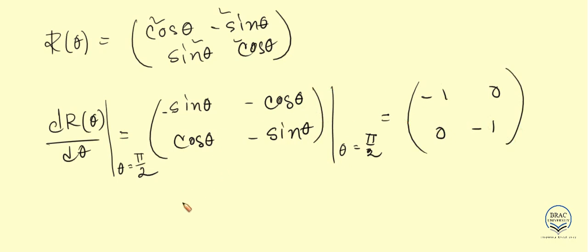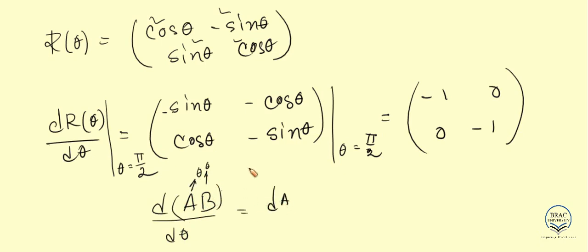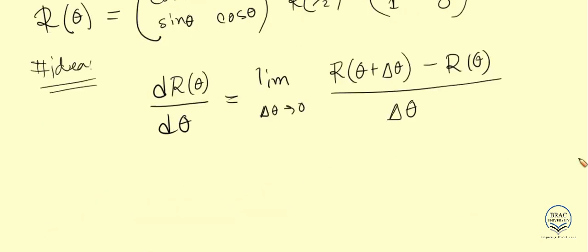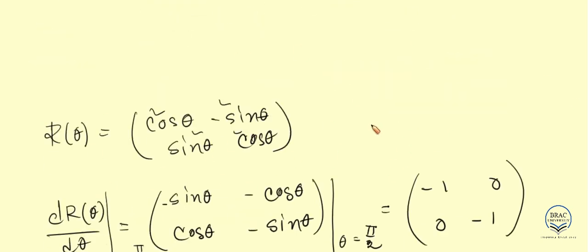In fact, if you are wondering, I have two matrices A and B, and both of them are functions of theta, that is the parameter theta, and I want to take the derivative of their product with respect to theta. So the product rule will also apply, and you can prove it using the definition over here, that is the first principle of derivative.